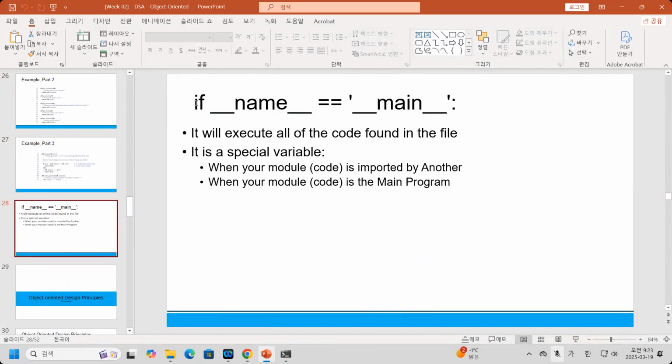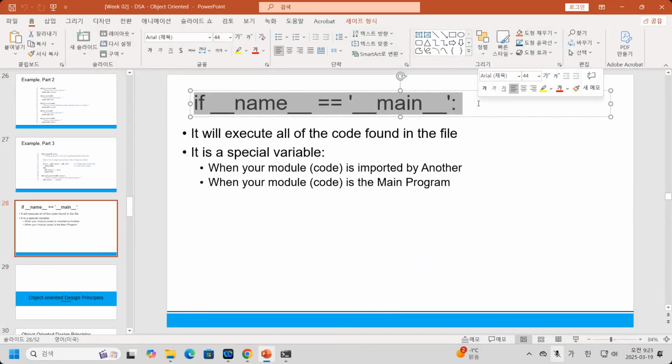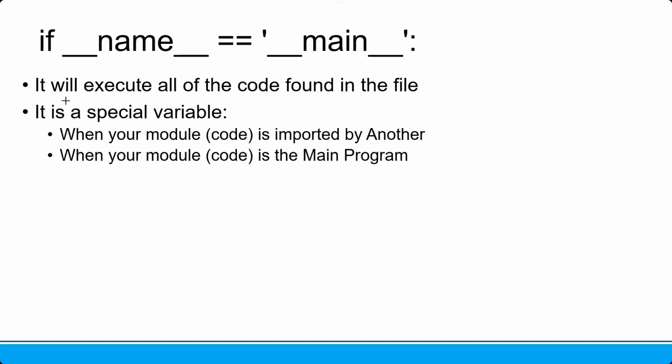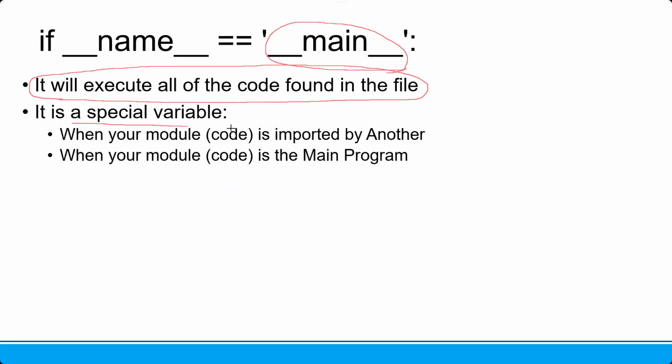So what does it mean by main? The main function will execute all of the code found in the file. So we call this the main method. And we call this a special variable.